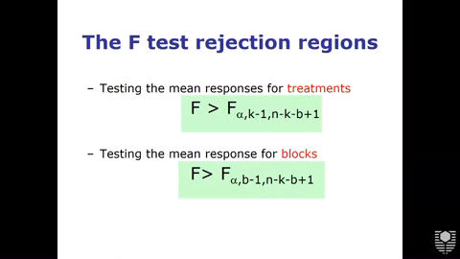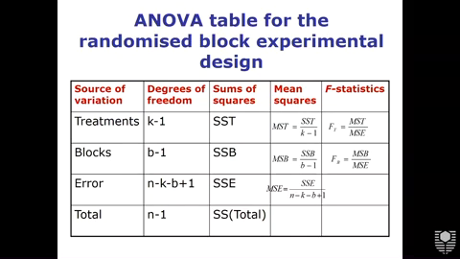For blocks, it will be like this, right? With block design, F critical for block design is different. So F for treatment and F critical for blocks. Let's see how we go with that, that's the summary.